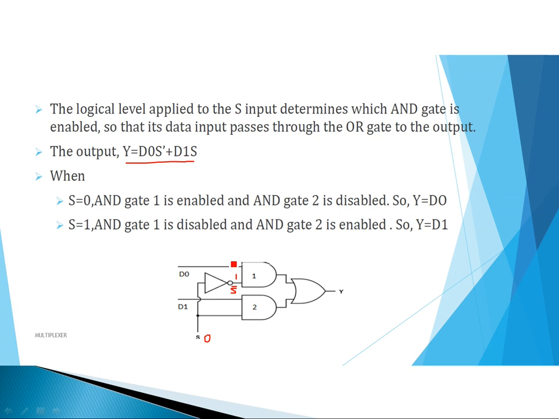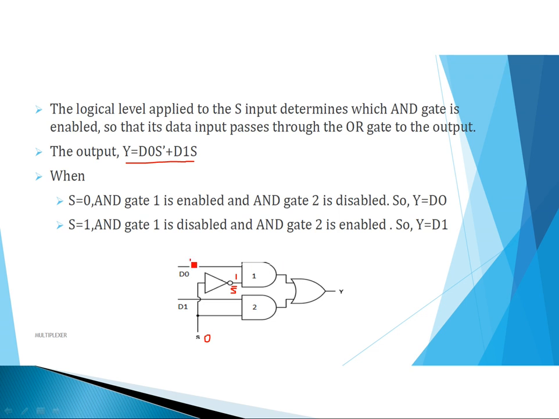Already we know the operation of the AND gate: if any one input is 0, the output is always 0. But here the input is 1. Now the output of this AND gate depends on the d naught input. If the d naught input is 0, the output of this AND gate becomes 0. If the d naught input is 1, the output of this AND gate becomes 1.